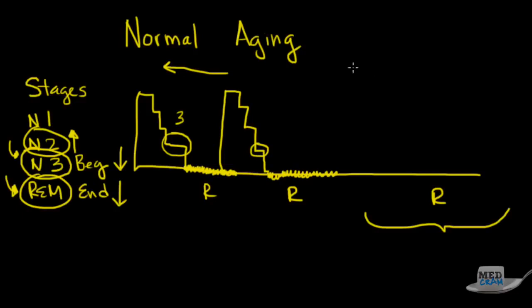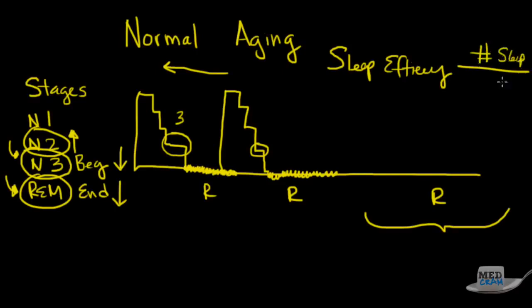So what is sleep efficiency? Sleep efficiency is simply the amount of time of sleep divided by the amount of time in bed. And that steadily decreases from about 95% down to about 80% in general as one approaches 80 years of age.